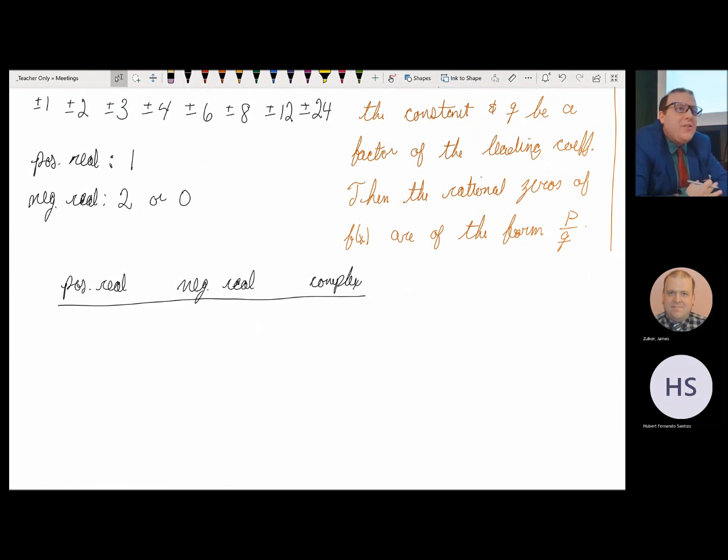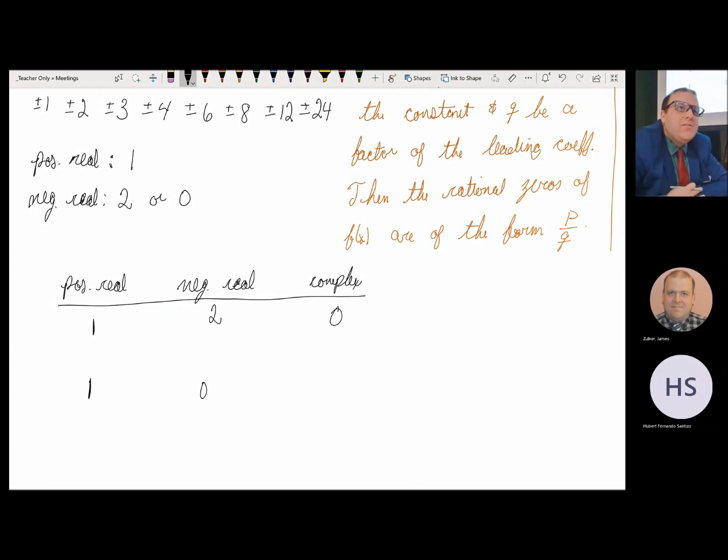So what we're going to do is just list out the combinations. We have to have one positive. For the negatives, you could have 2 or 0. In this first scenario, 1 positive, 2 negatives gives us 3 zeros, right?